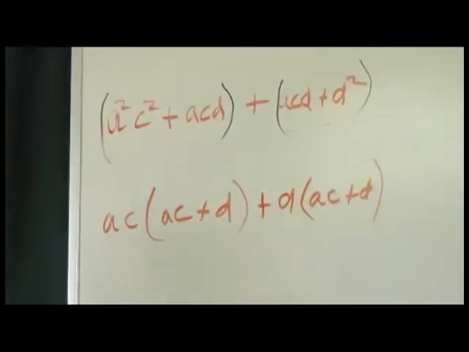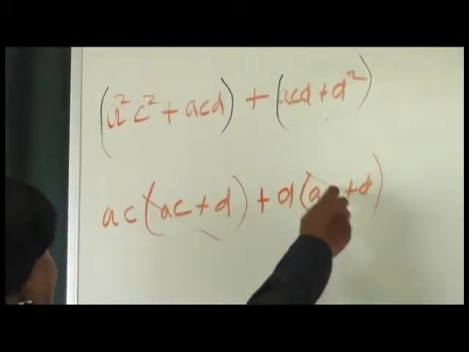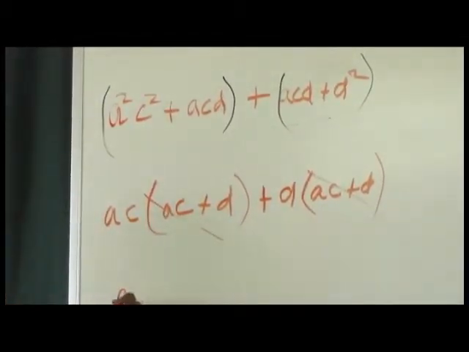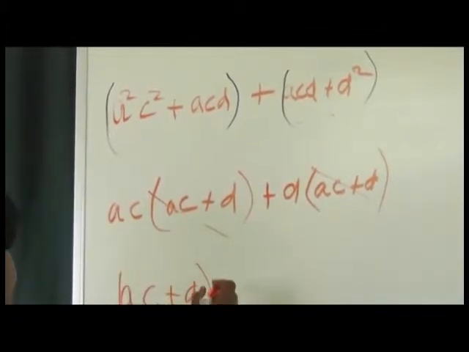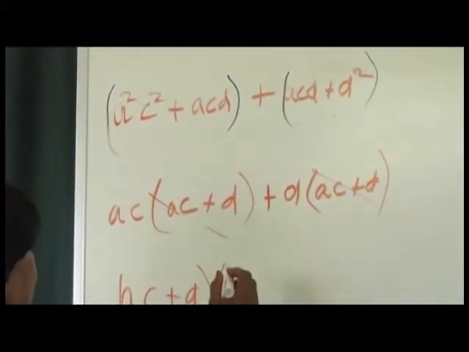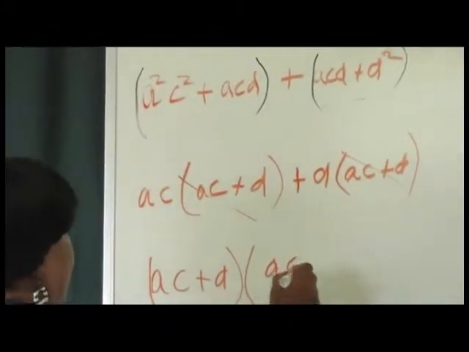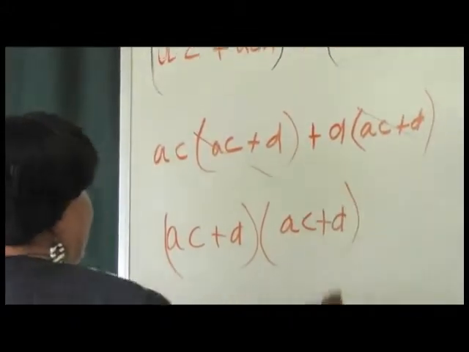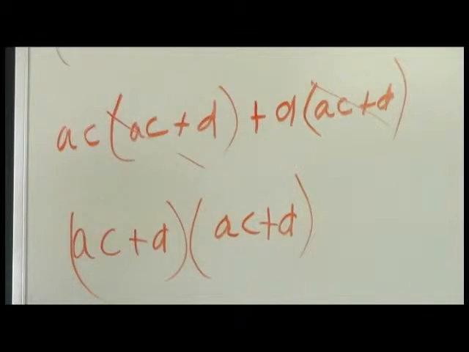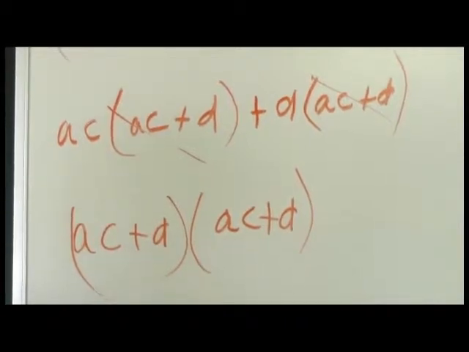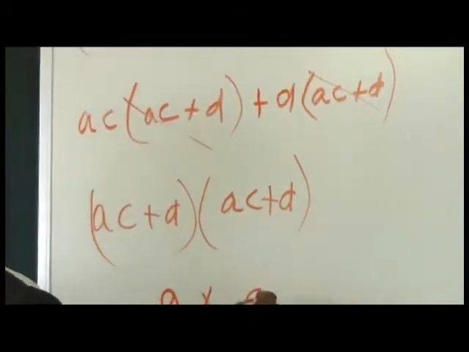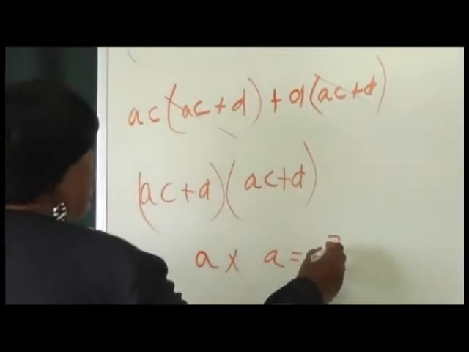Okay, so we know we are saying this and that common, so we can take it out: AC plus D, and then inside we'd still be left with AC plus D. And right away, our smart students who are looking will see that as long as we have the two terms the same, it would have been the same as if we had A times A, which is A squared.